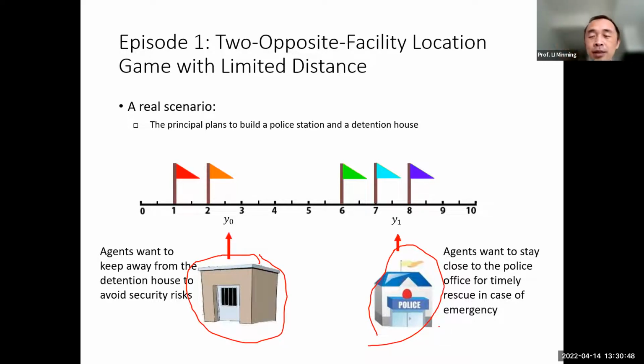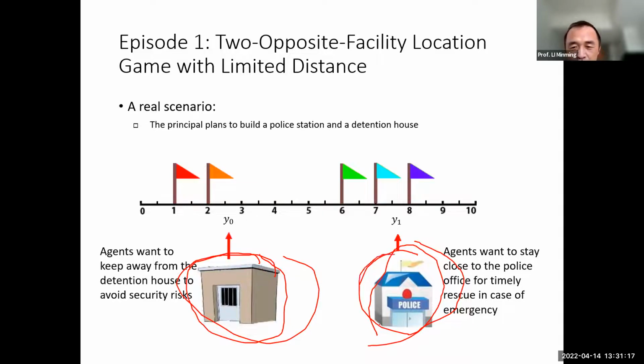All right. Now, these two facilities. One, people like it. The second, people do not like it. So how to place these two things? If you simply say I can place the facility anywhere, then probably I just run games separately, right?